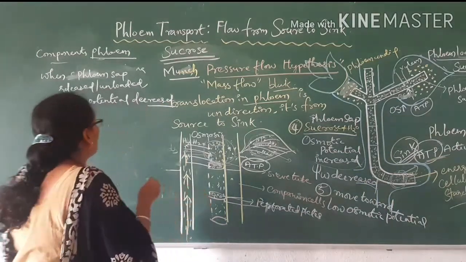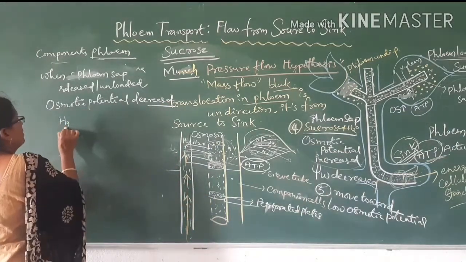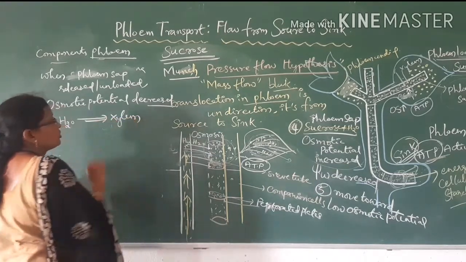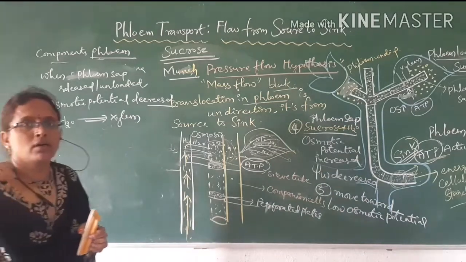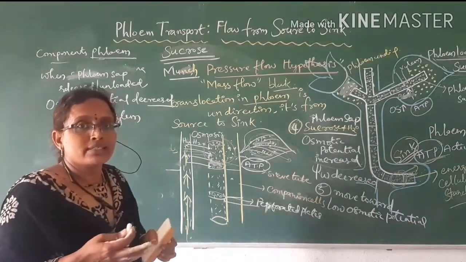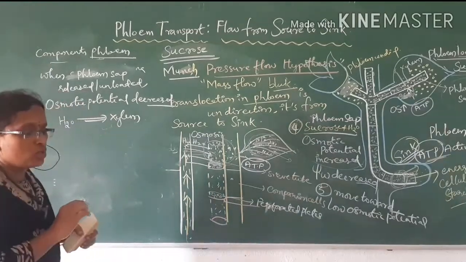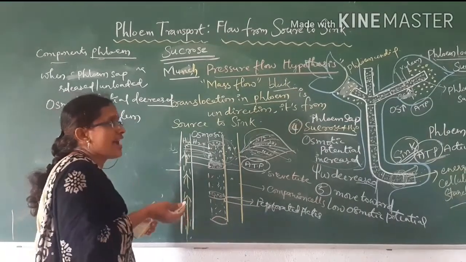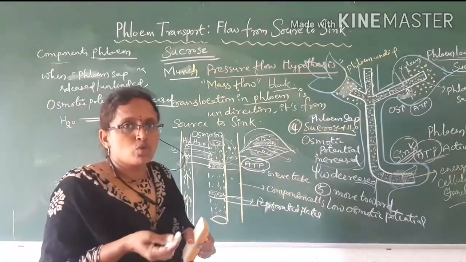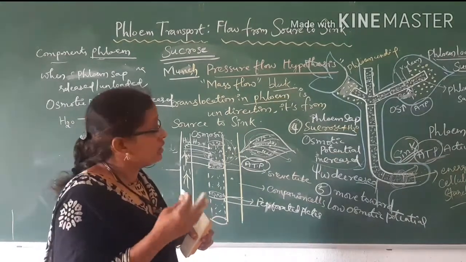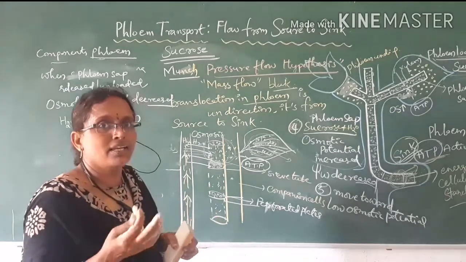Then water moves from the phloem into the xylem. High water potential is created, then water moves into the xylem. So first water is added to the sucrose solution and then the water is released into the xylem.